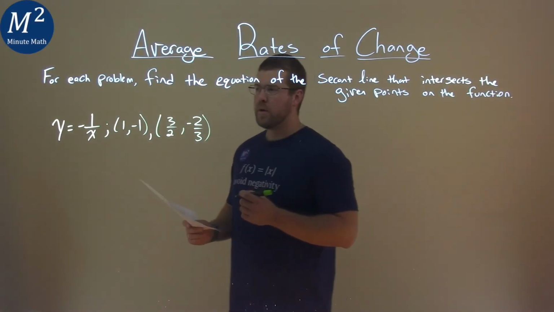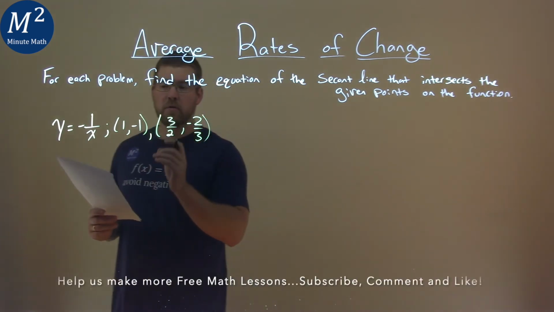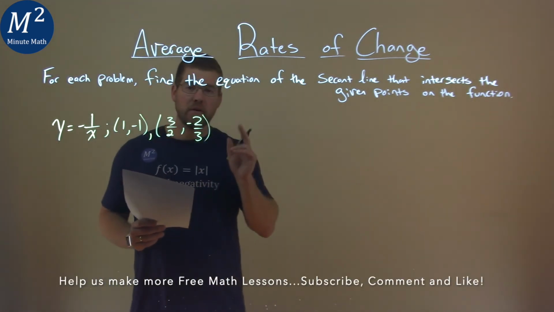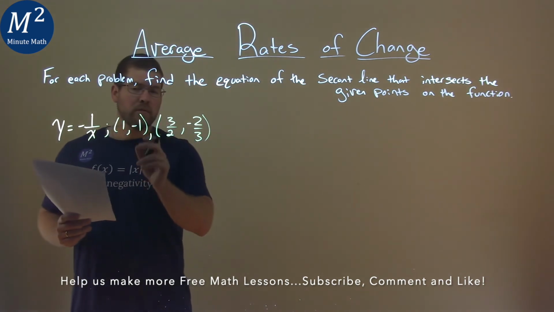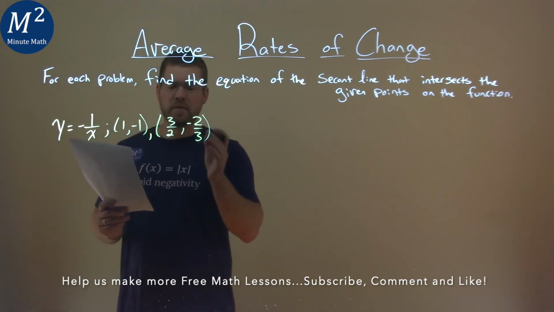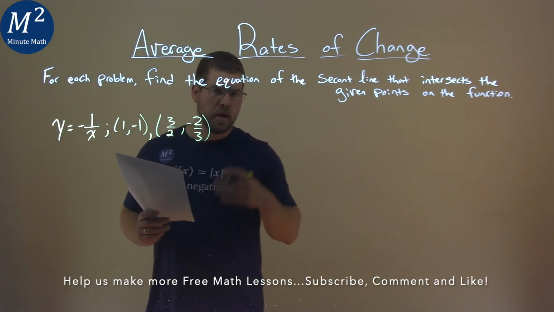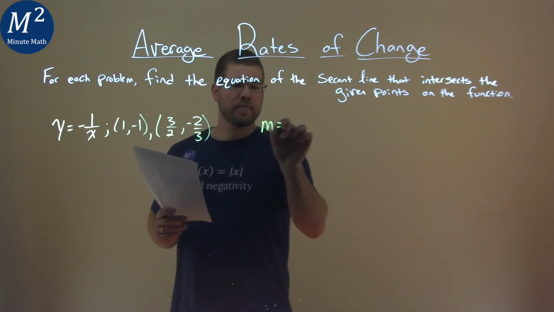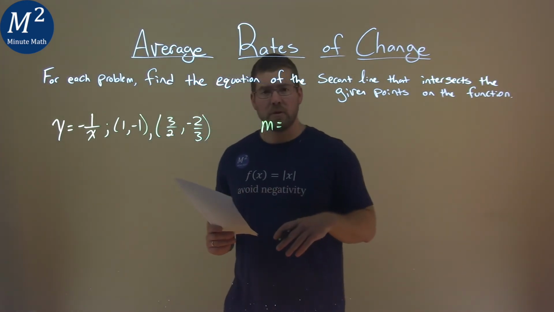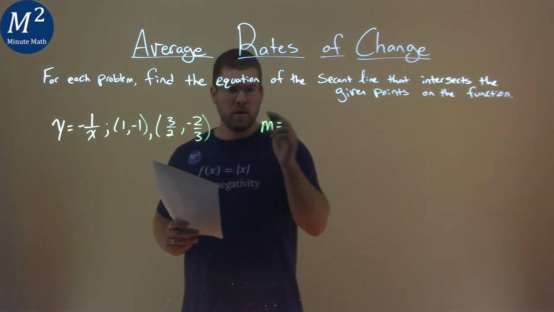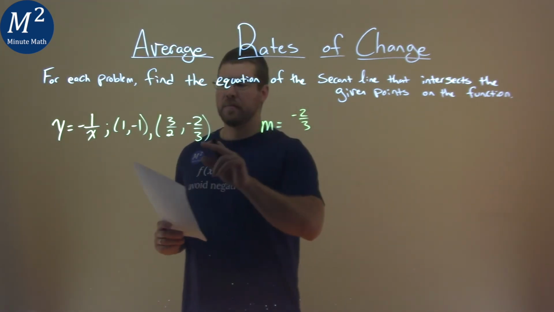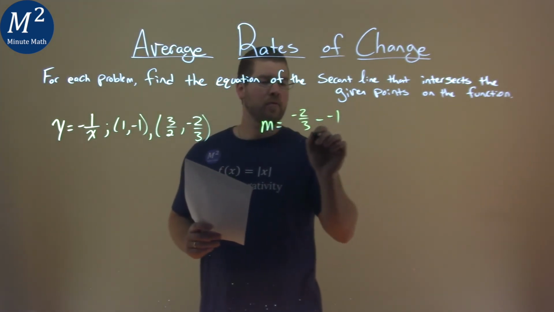We're given this problem right here, y equals negative 1 over x, and we have to find the equation of the secant line from the points (1, -1) and (3/2, -2/3). First thing we want to do is find the slope. Our slope is our y2 minus y1 over x2 minus x1. y2, negative 2/3 right here, and y1, negative 1.